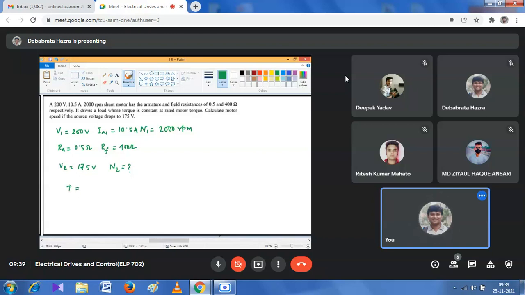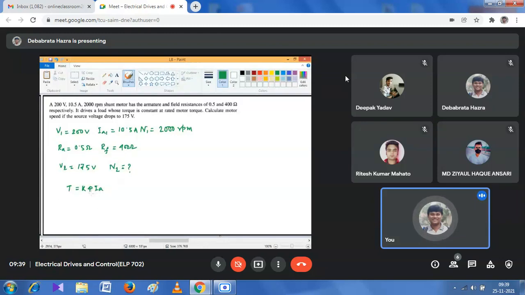T is equal to K phi Ia. This is the general form.